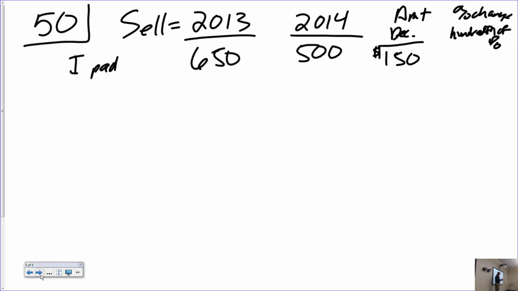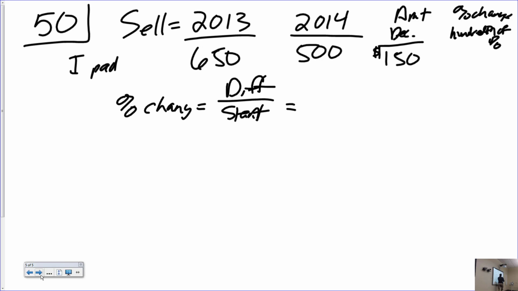How do you use the shortcut to figure out what a percentage change is? Percentage change equals the difference divided by where we started. And you just figured out the difference, $150. All you have to do is tell me, where did we start? 650.